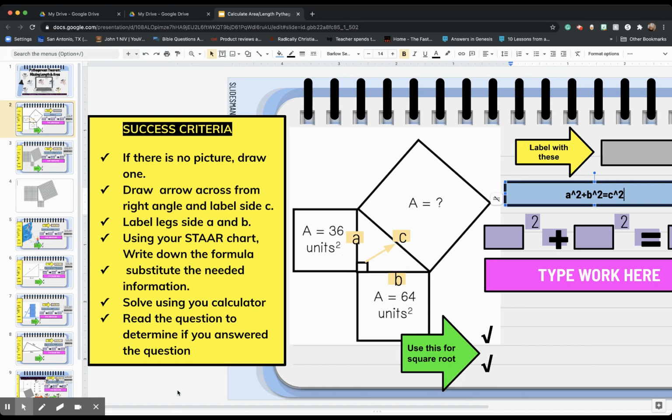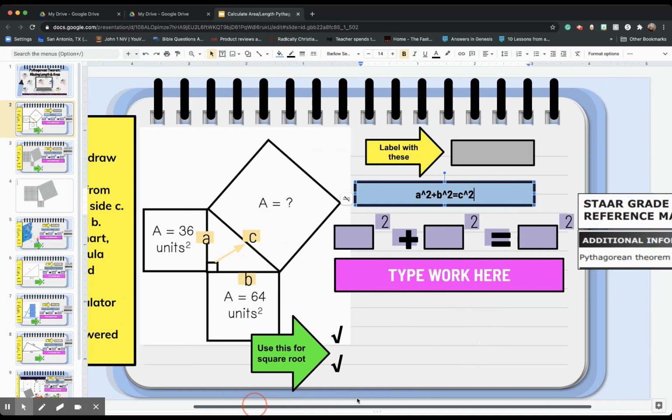Now my success criteria says substitute the needed information. So what was our A, what was our B, and what was our C? Now luckily here, it already gives us the answer. Our A squared was 36 units squared, and our answers are squared.